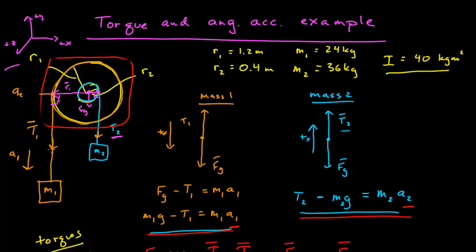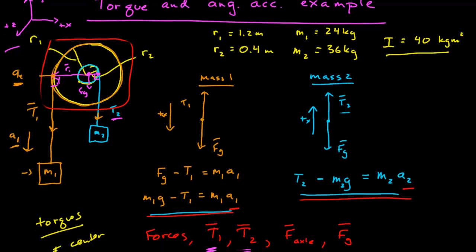Given that my rope is not slipping, the linear acceleration a1 of the rope, and thus the mass m1, is equal to the tangential acceleration of a point on the outer part of the cylinder. And we know, given our vector description of rotational motion, that the tangential acceleration is equal to the angular acceleration alpha times r.